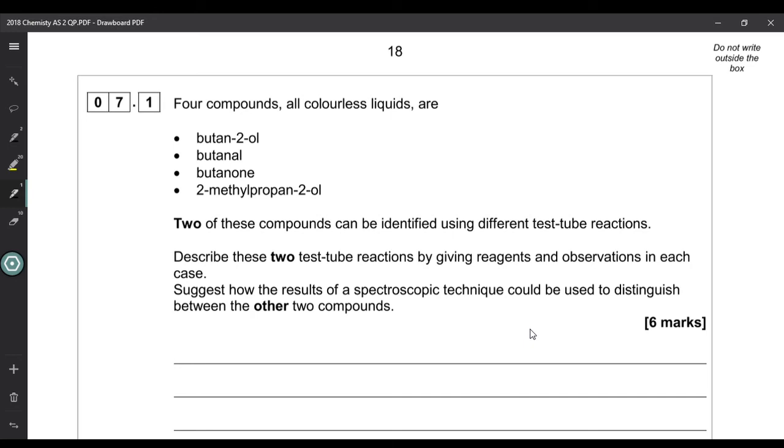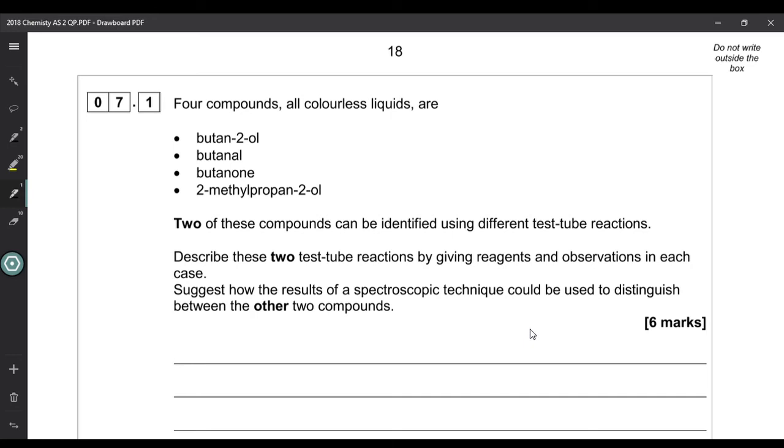Also, some students used potassium dichromate, but didn't realise that 2 of the solutions gave the same result.